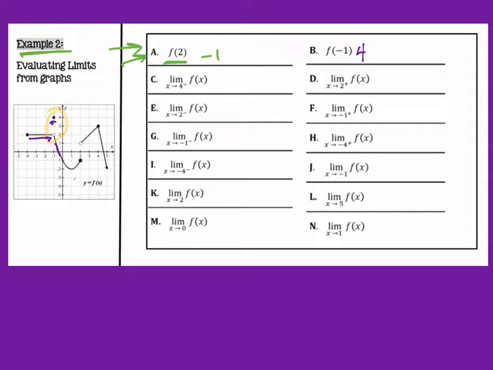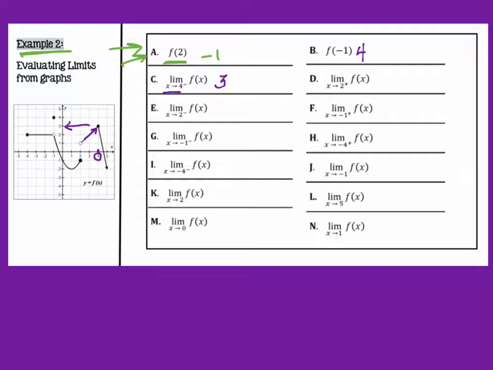All right, C asks for the limit, not what f of 4 is. So it's not asking for the function, it's saying what is the limit at 4 from the left. So here's 4. Put a little dot there, circle 4. Coming from the left, what does it appear to be? Y appears to be 3.